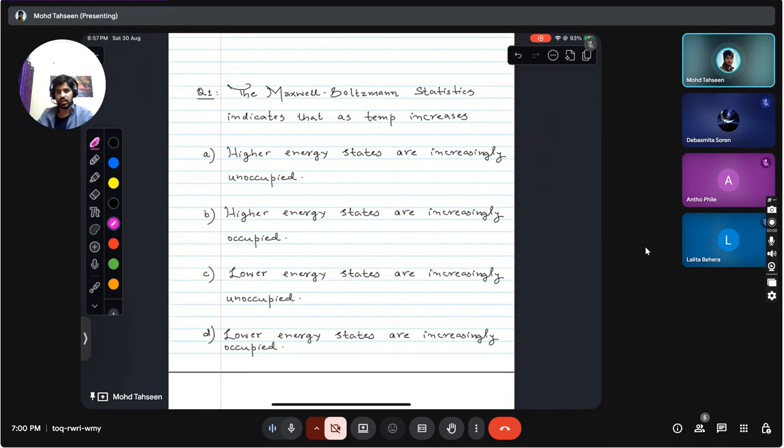I can give you a minute to read it. You can attempt the answer. You can say the answer whenever you are ready, or if anyone has any comments or suggestions on this question.